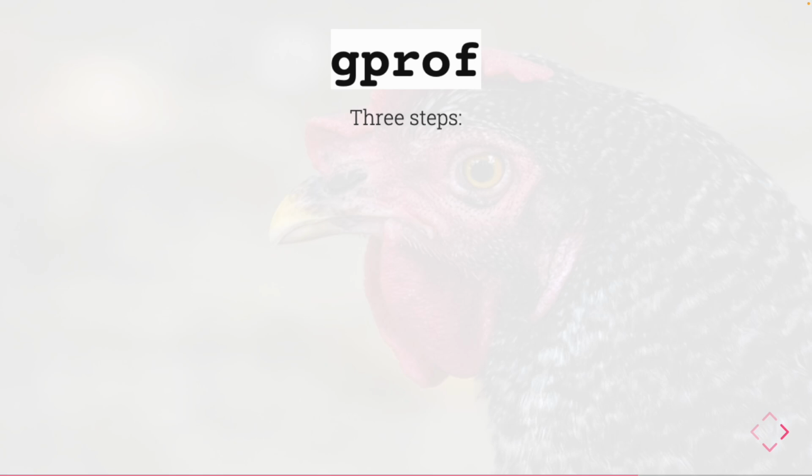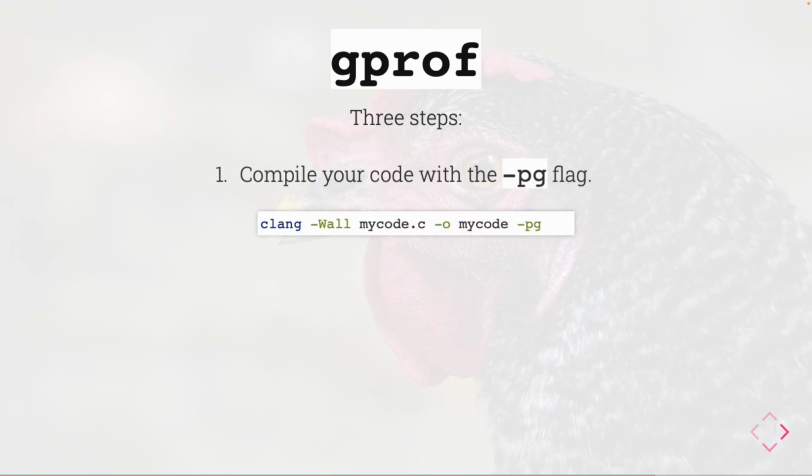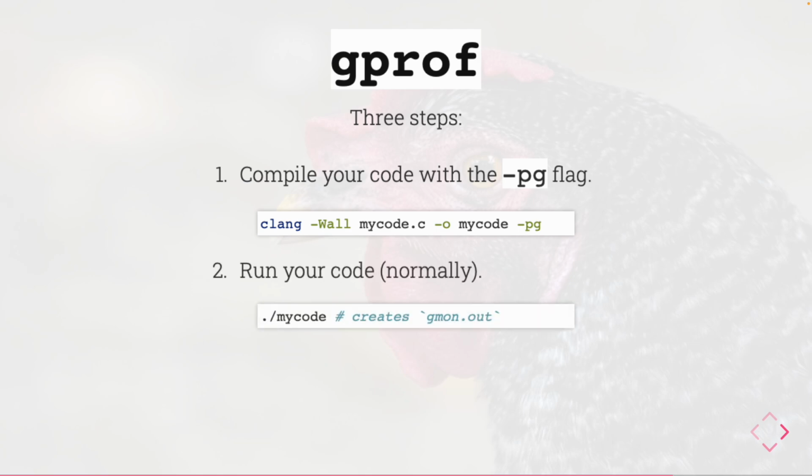So to use gprof, there are 3 steps. First, you compile your code with the -pg flag. You may remember -g gives you debugging symbols. This does, I think it does that too, and more. And then you run your code without actually doing anything different, really.